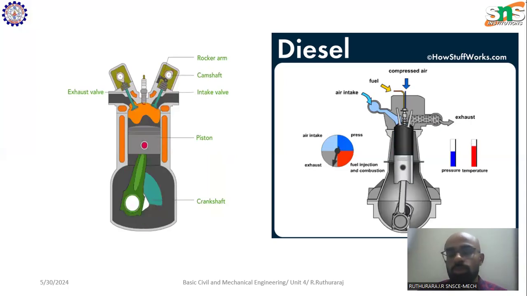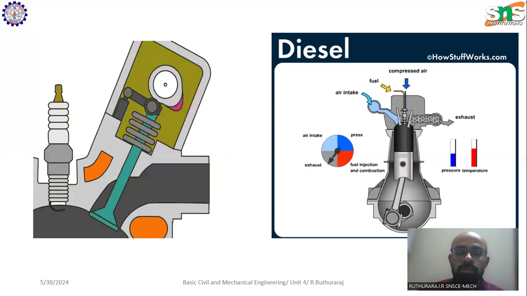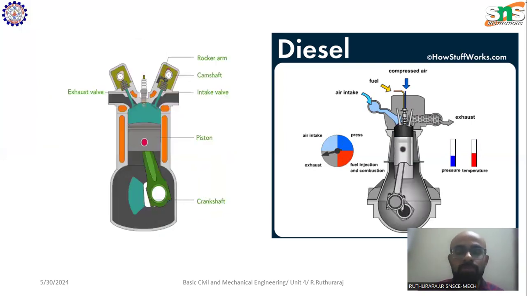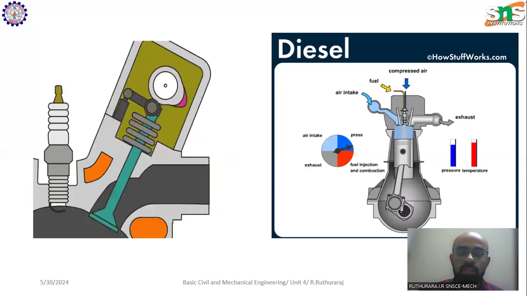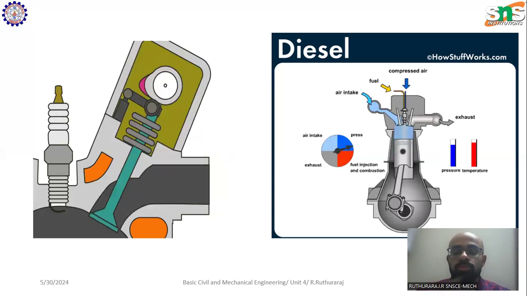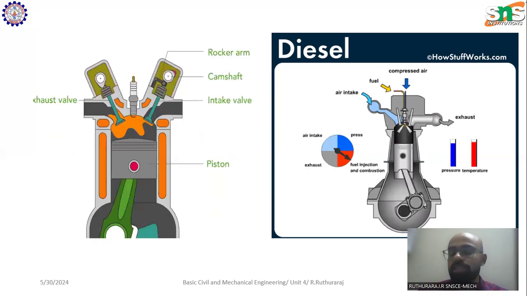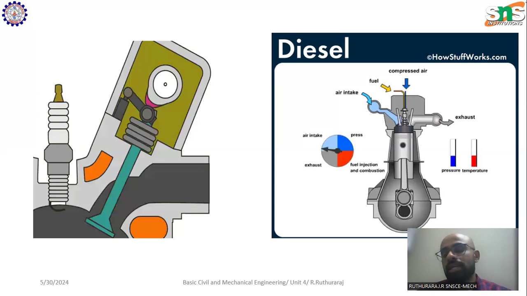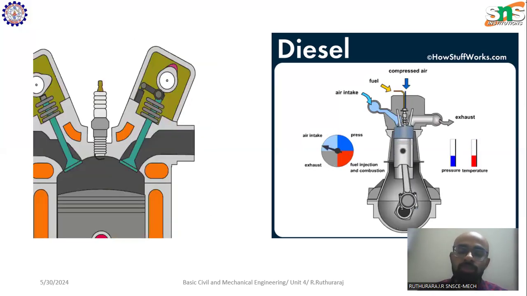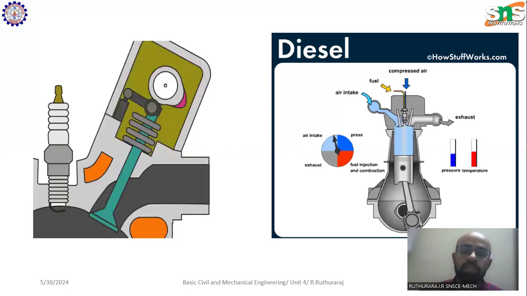You need to provide some external spark in order to burn the petrol. Hence, a spark plug is used in a petrol engine, whereas a diesel engine can use compression ignition. Diesel can be compressed to ignite, but if you compress petrol, it will not ignite. You need an extra spark to ignite it.